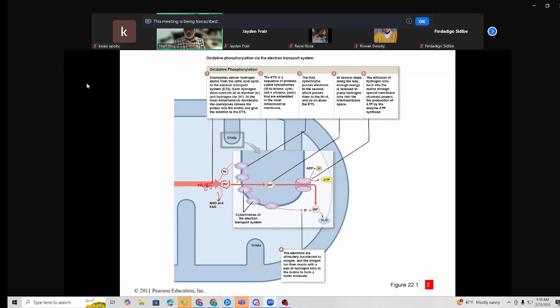This proton goes all the way to produce the ATP at the end. All right, I know this is a little bit difficult for you to grasp, but I explained it as simply as I could.